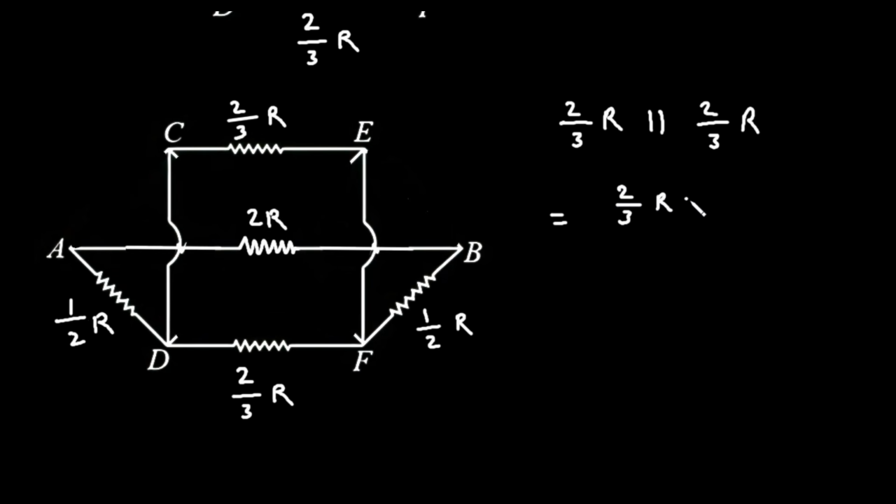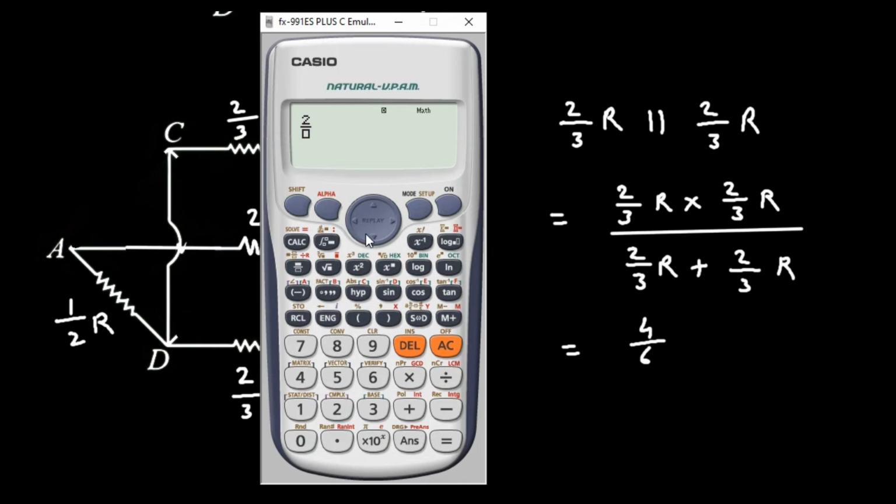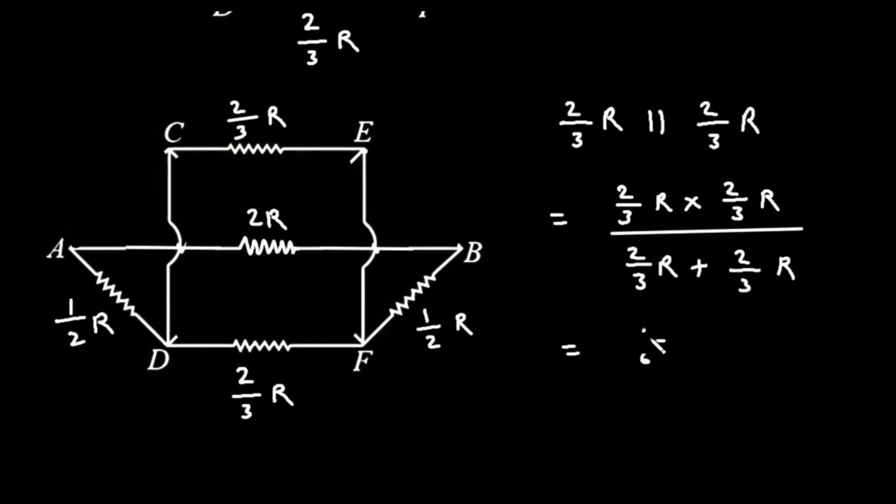So 2 by 3 R multiplied with 2 by 3 R divided by 2 by 3 R plus 2 by 3 R. So this will be 2 by 3 into 2 by 3, it will be simply 4 by 6, or let's solve this in calculator. 2 by 3 into 2 by 3, it will be 4 by 9, sorry. So it will be 4 by 9.